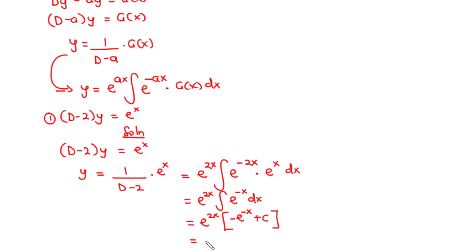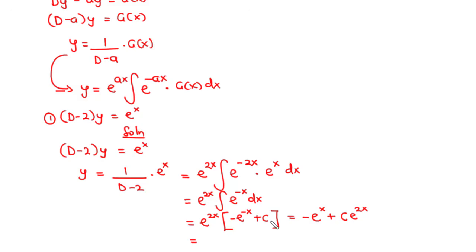Therefore we have e^(2x) times negative e^(-x), which we can simplify as negative e^(2x - x), that is e^x, plus c e^(2x).